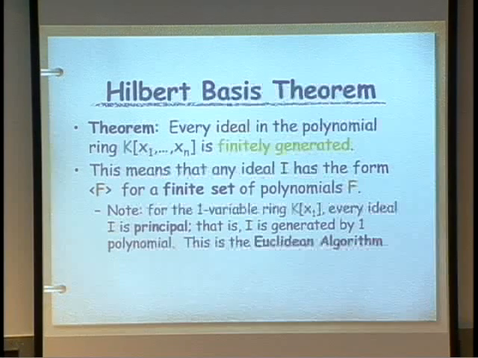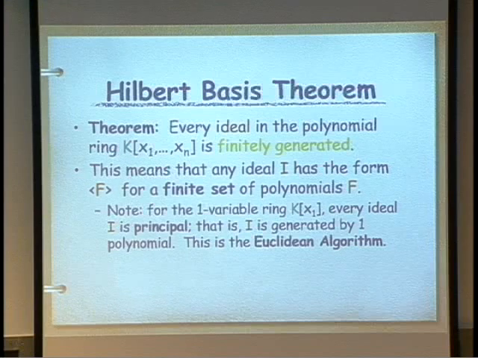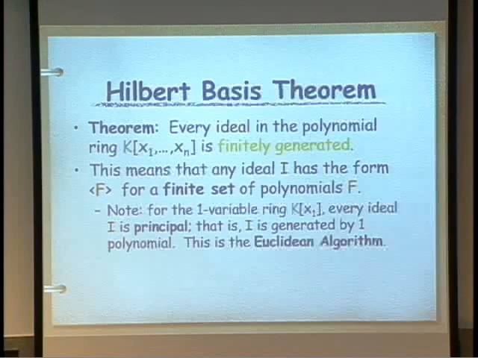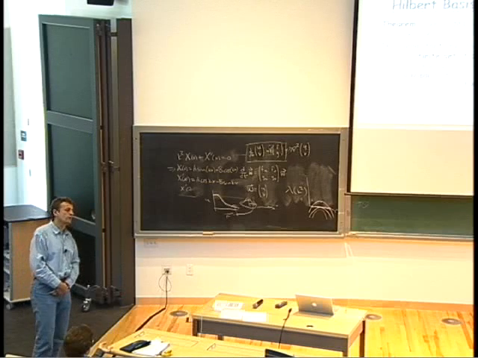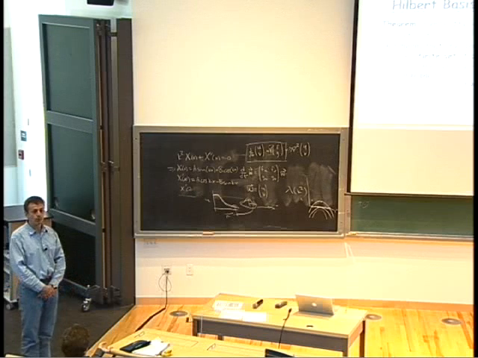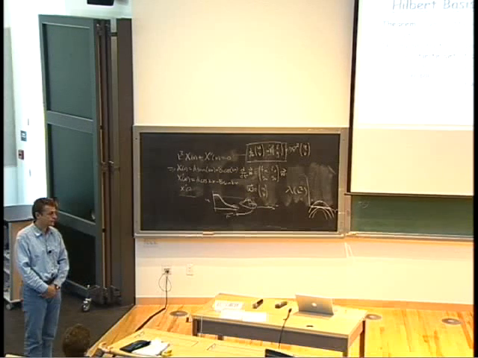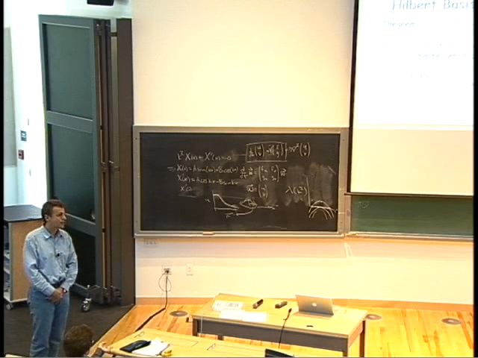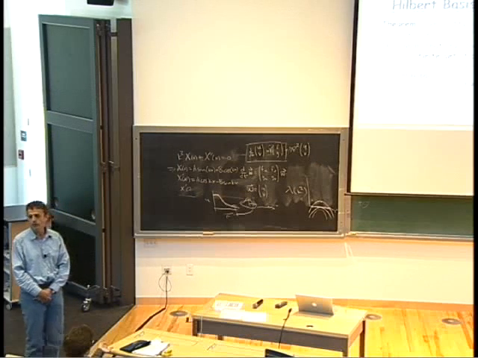It takes any bag of polynomials in one variable and replaces it by a single polynomial that generates the same ideal. As soon as you're in two or more variables, that's just not true. There is no Euclidean algorithm for polynomials in two variables because ideals are not generated by one polynomial in general, not even by 2 or 3 or 7, but by some finite number. We don't know a priori how many.